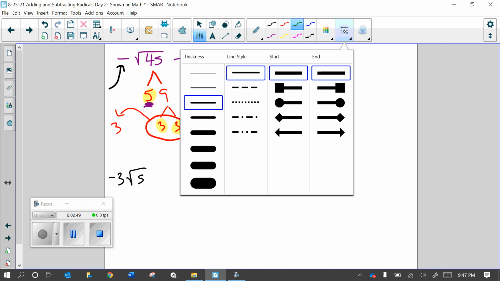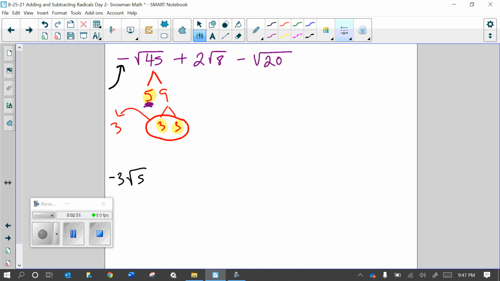So let's reduce square root of 8. Square root of 8 can reduce as 2 times 4. 4 can break down as 2 times 2. So the prime numbers we are left with are 2, 2, and 2.